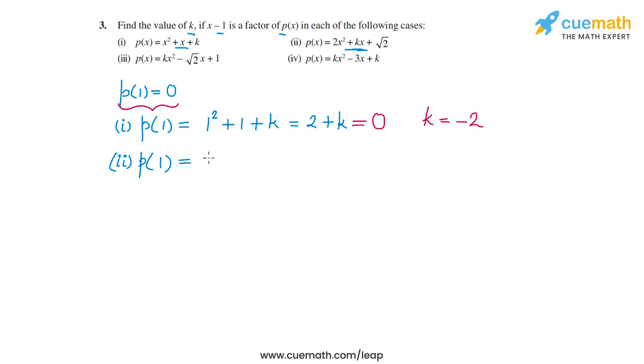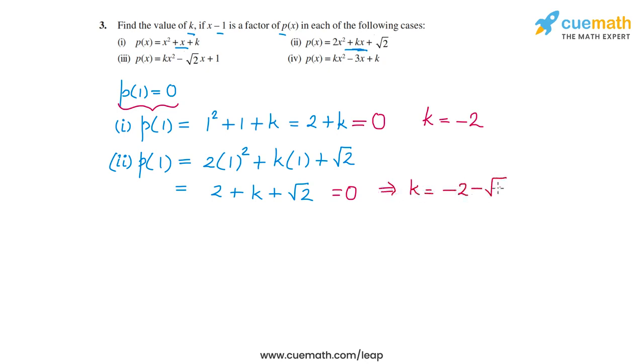So that is equal to 2 times 1 squared plus k times 1 plus root 2, which is 2 plus k plus root 2, and again this has to be equal to 0, which means that k in this case will be minus 2 minus root 2. So this is the value of k in the second part for x minus 1 to be a factor of p(x).